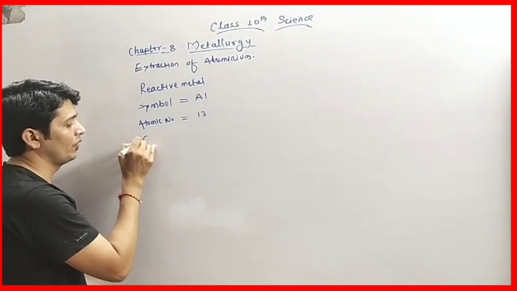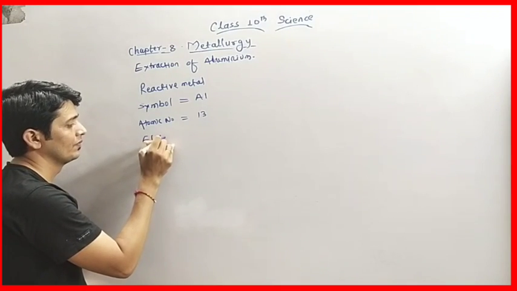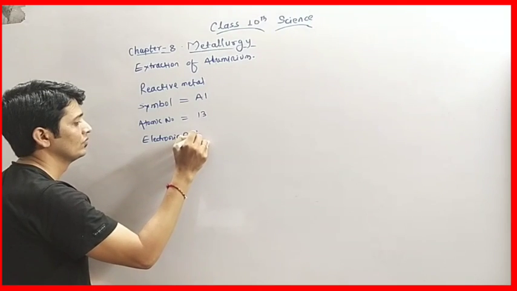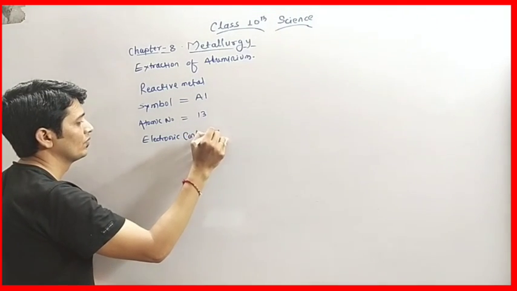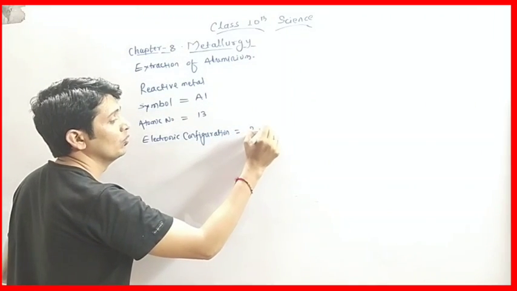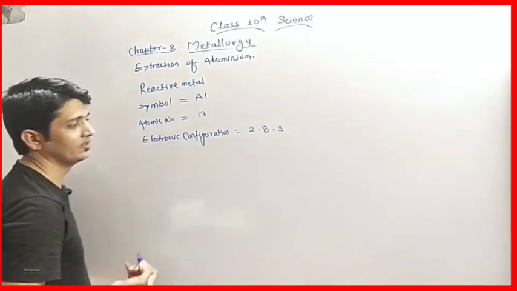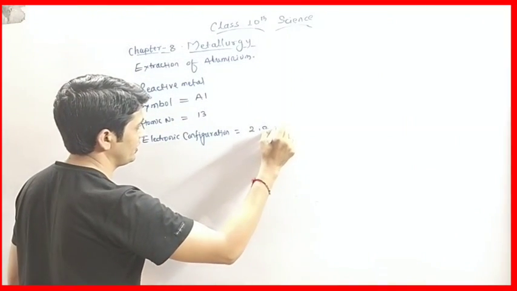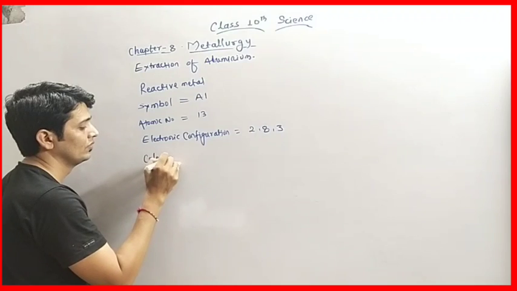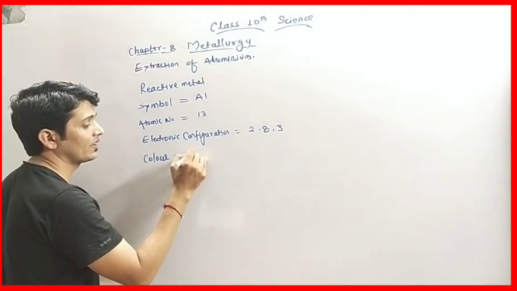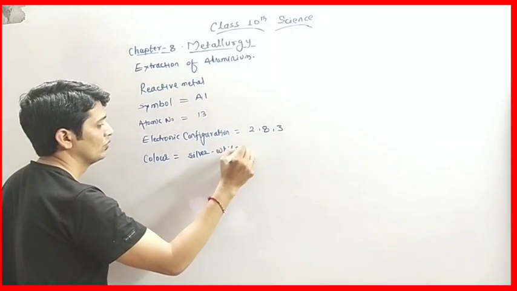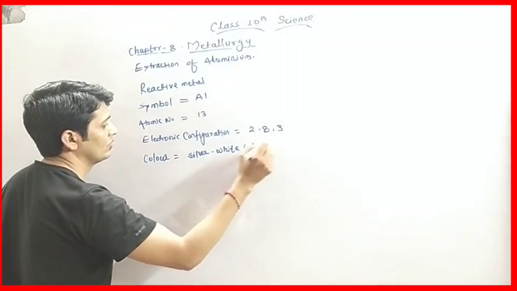Its electronic configuration is 2, 8 and 3. Its color is silvery white color.